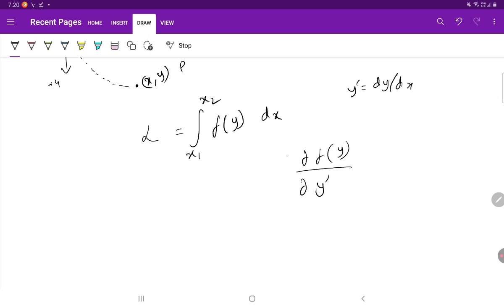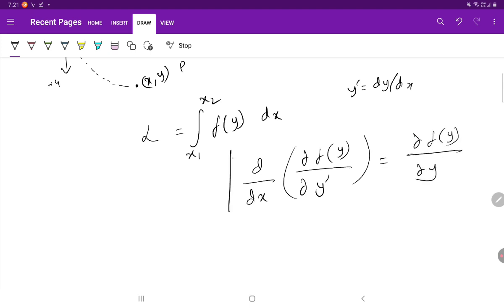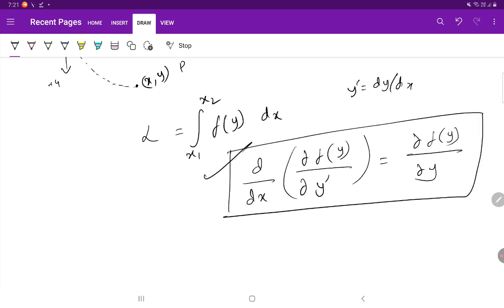Note that these are partial derivatives, and the differentiation of this with respect to x is equal to del f by del y.